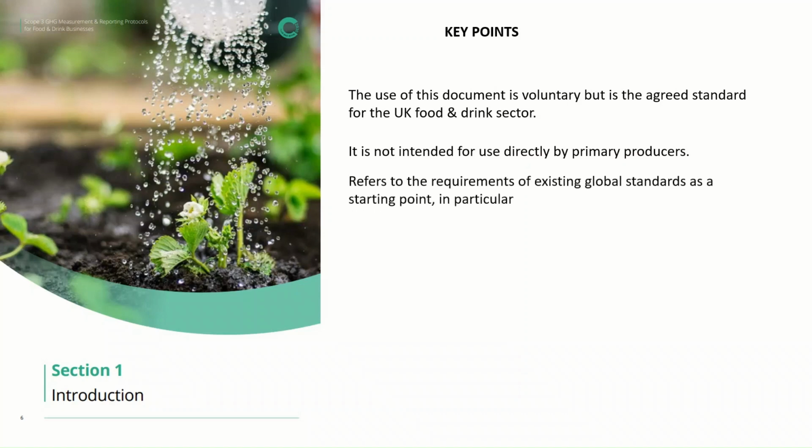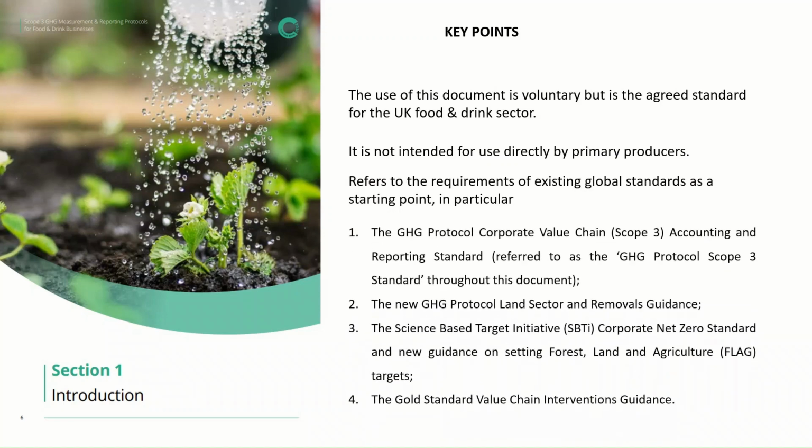Also, this guidance refers to, or I would say meets the pre-requirements of, existing guidances. Those are the GHG Protocol Corporate Value Chain, the GHG new protocol for land sector and removals guidance, which is issued by the SBTi, the Science Based Targets initiative, the SBTi Corporate Net-Zero Standard and the new guidance on setting forest, land and agriculture targets, which is also known as FLAG guidance.